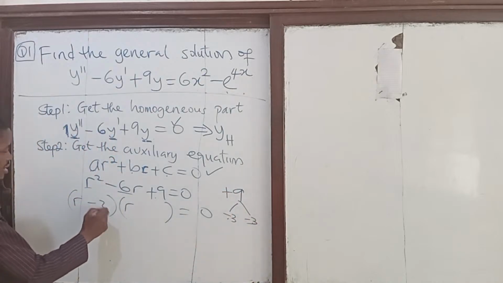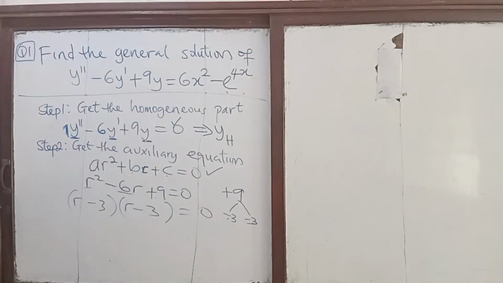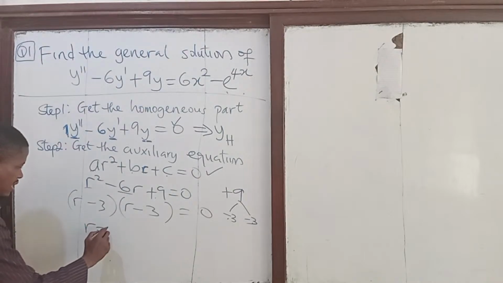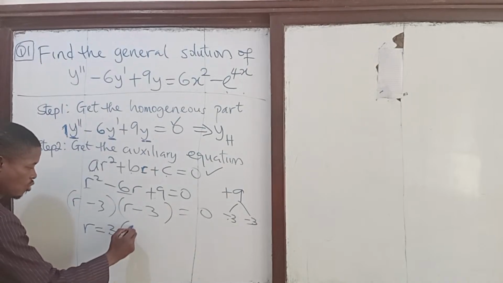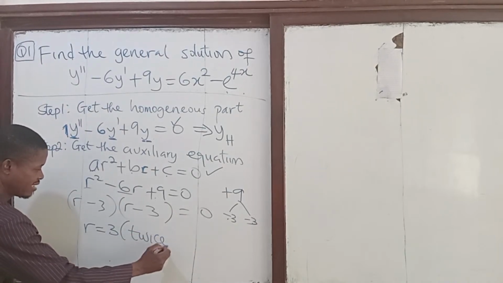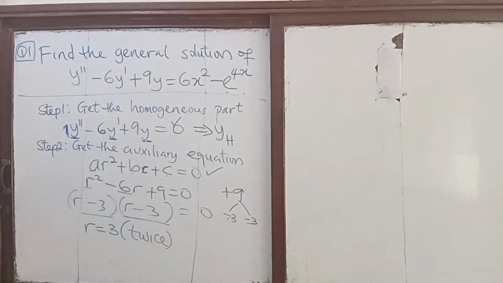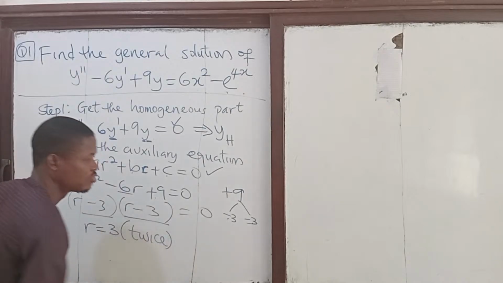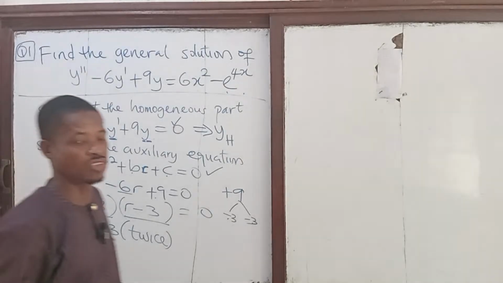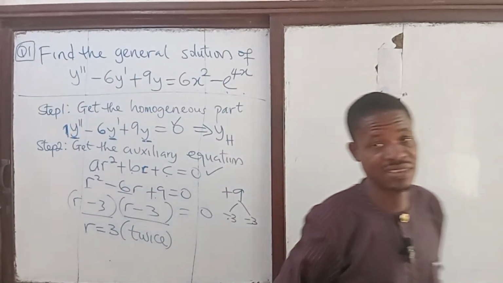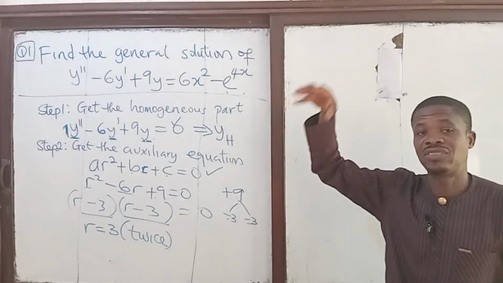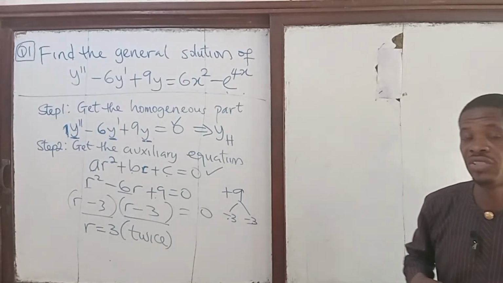Then r equals 3 twice, because each factor is equal to 0. This is what we call a repeated root, which is case 2, when your discriminant is equal to 0.